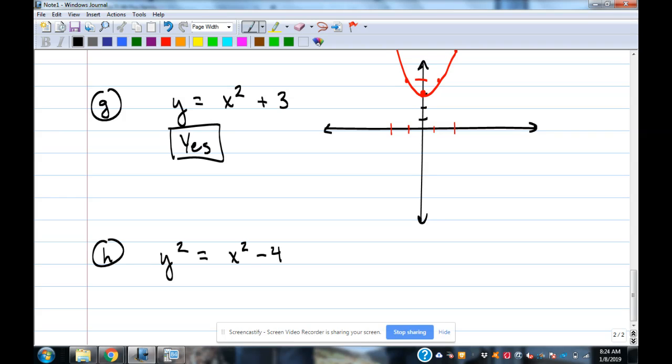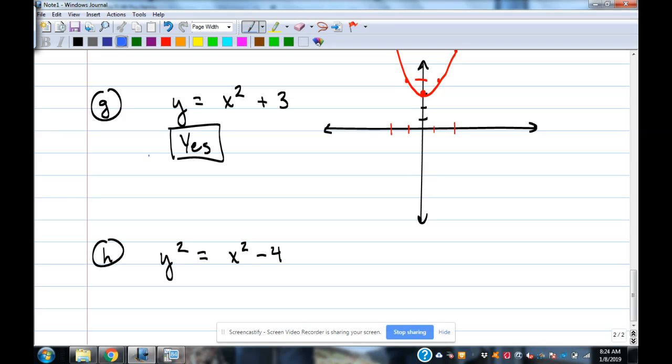Can we graph that? Yeah. To graph it with the calculator, can we graph a y squared? No, we have to have what by itself? y. How do you get y by itself?